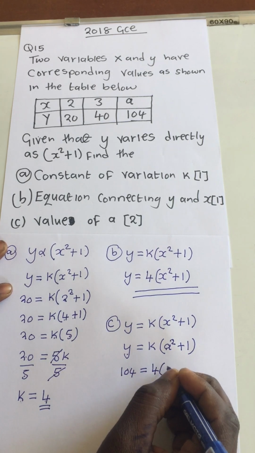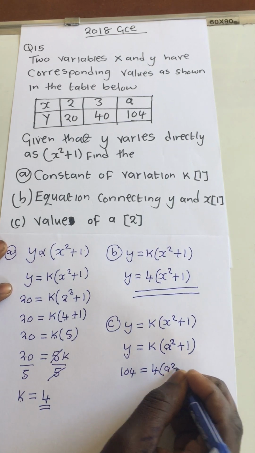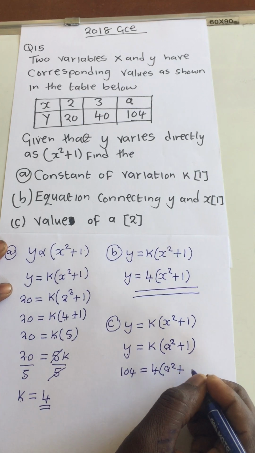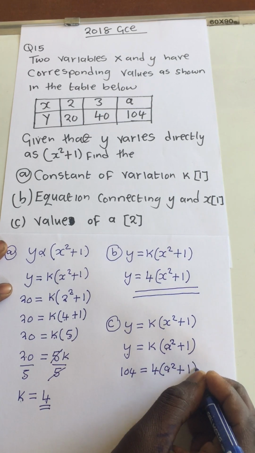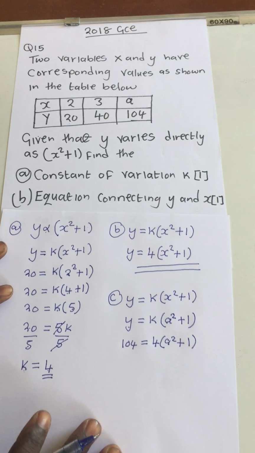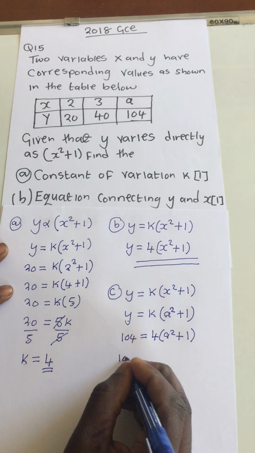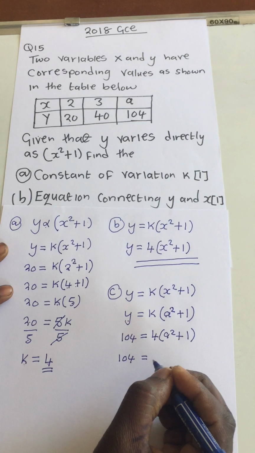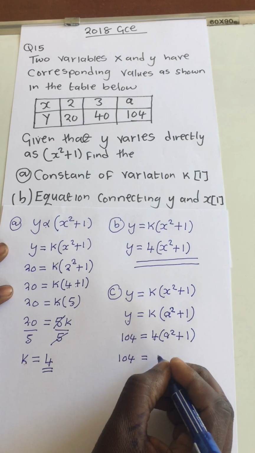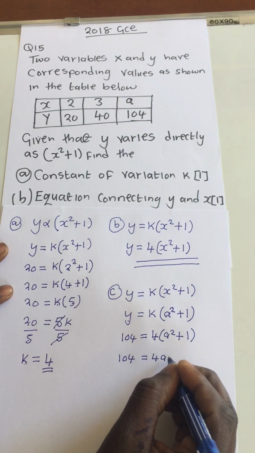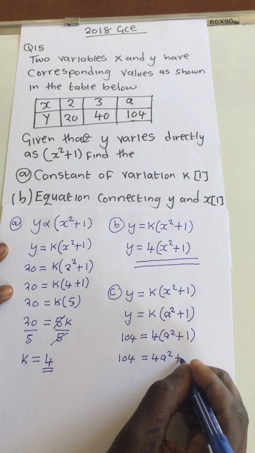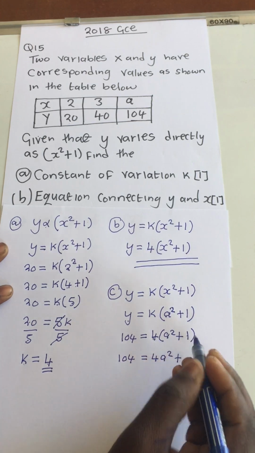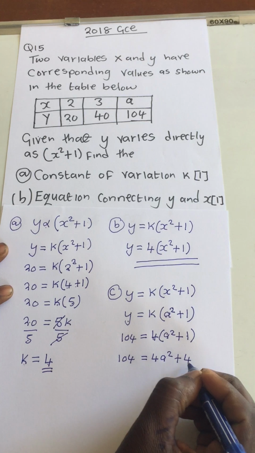You open, a squared plus 1, you close. The next thing you do, you say 104 is equal to 4a squared plus 4 times 1, which is 4.